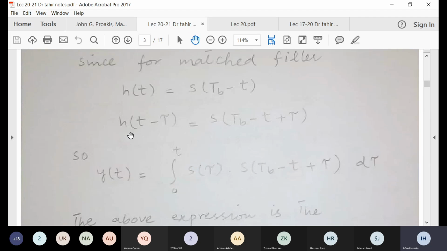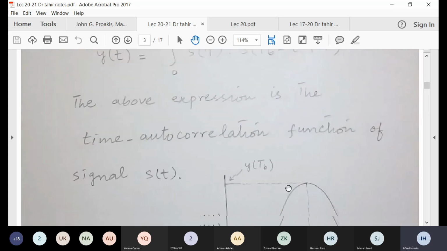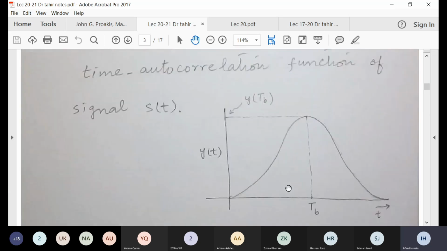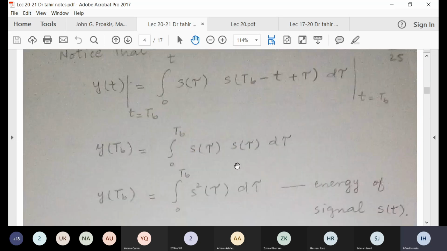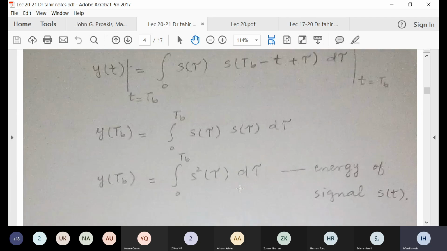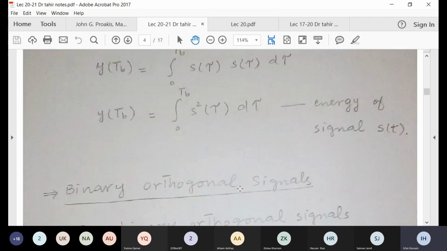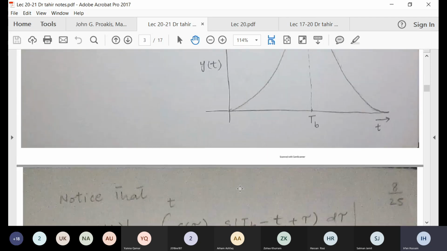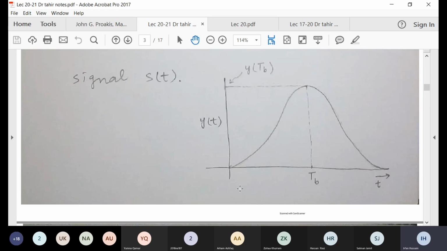So you can see very well the h of t minus tau will be tb minus t plus tau. And again, when t becomes tb, tb cancels, it becomes s of t into s of t, which becomes s of t square. And this thing is the energy of the signal, so hence you get y of tb as the maximum value of signal.